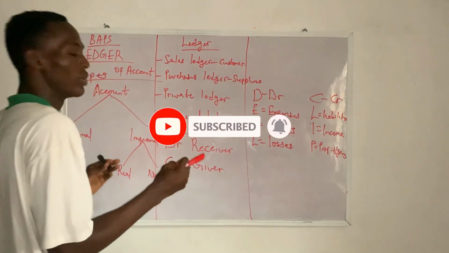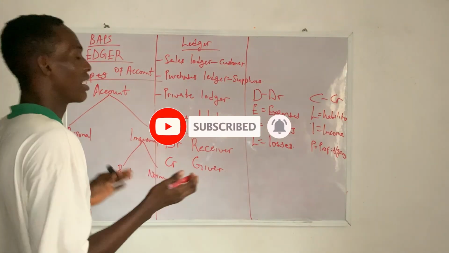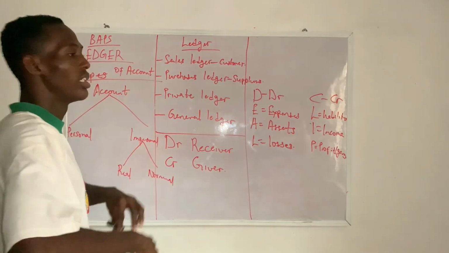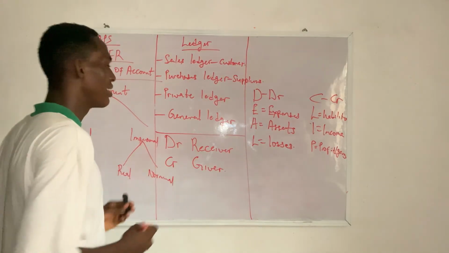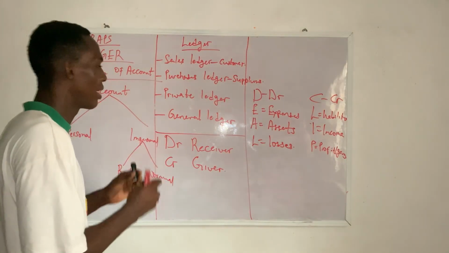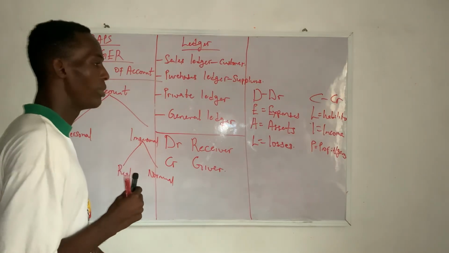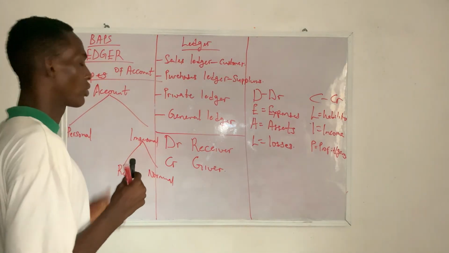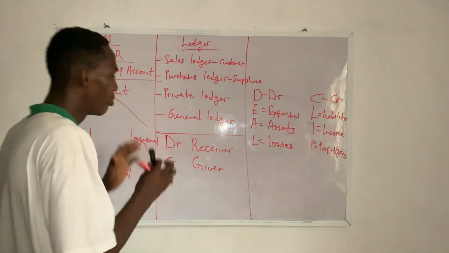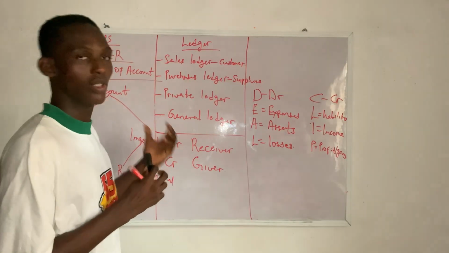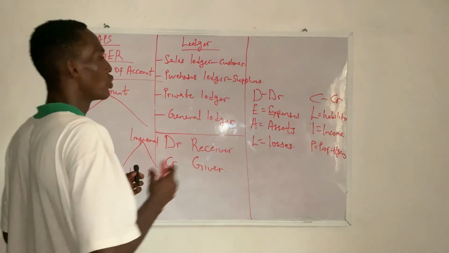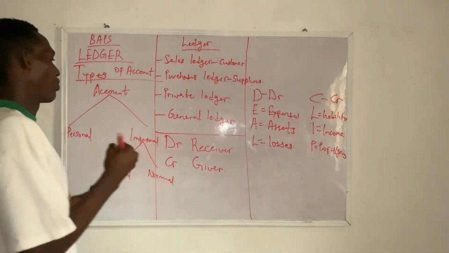You can jot this down in your notes so that you can understand what the ledger and principle of double entry are all about. I'm going to spend much time on this when we get to our main calculations or questions for us to solve. I will dwell more on this and take my time to explain it well so you can understand the concept properly.